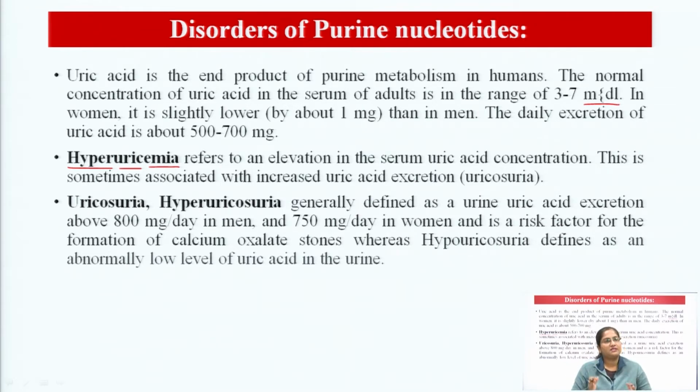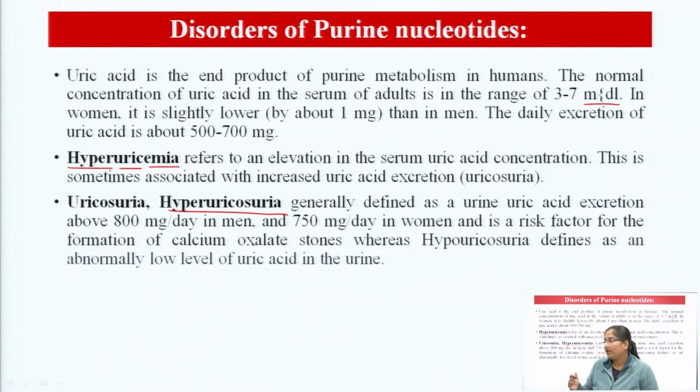We just need to divide the word into parts and then we will know what it means. So, hyperuricemia means elevation in serum uric acid concentration. That means there is an increased amount of uric acid present in our blood. There is also a similar word, hyperuricosuria, which we will discuss later on.